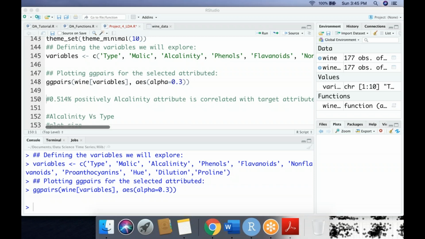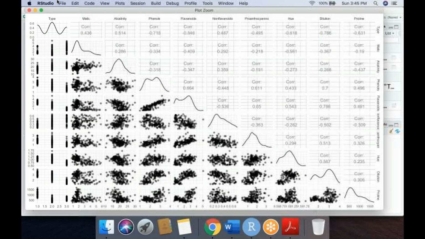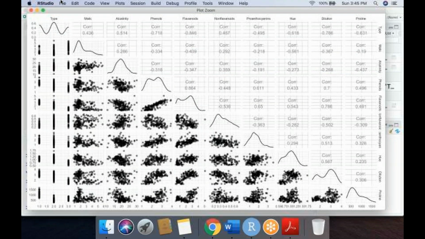So that plot has come. You can see here the same correlation we can plot, and here we can also see their distribution. Malic acid is right skewed. Alkalinity is almost normal. Phenols also, flavonoids, it's okay.